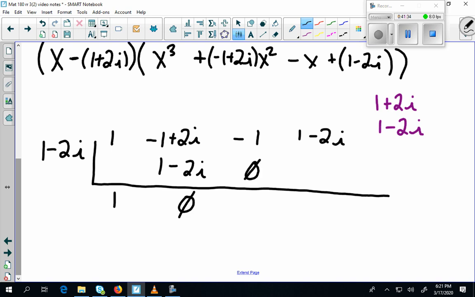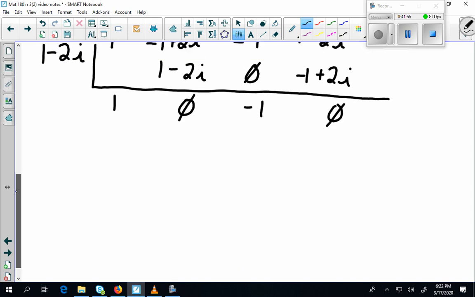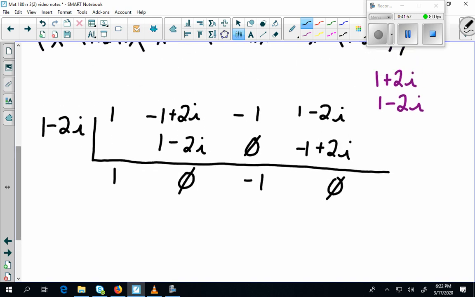So here, negative 1 plus 0 is negative 1. Now I need to take that negative 1 and multiply it by 1 minus 2i, and I get negative 1 plus 2i. And when I add that, I get 0, like I was expecting, because that has to be another 0 of the function.